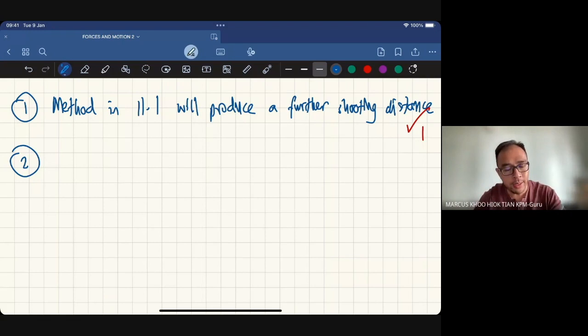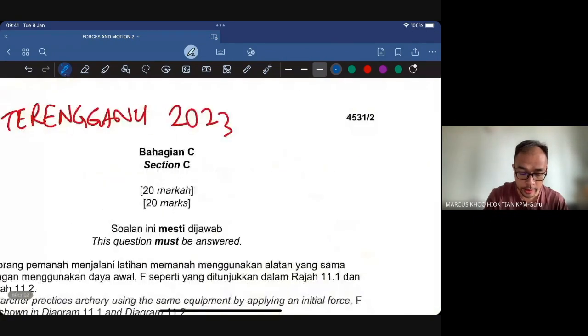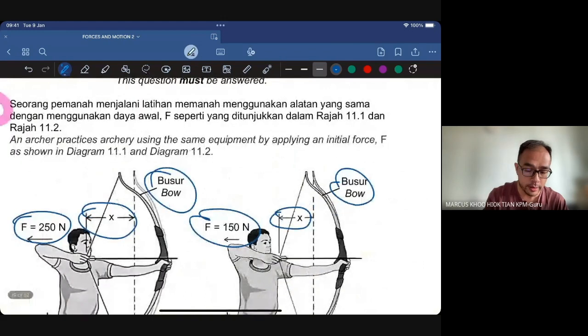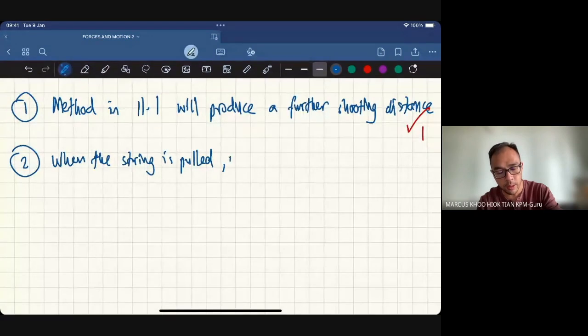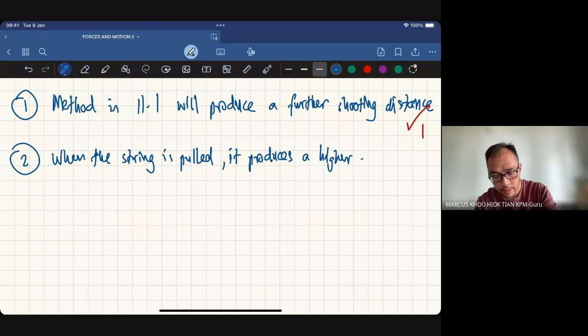So when the string is pulled, it produces a higher elastic potential energy.